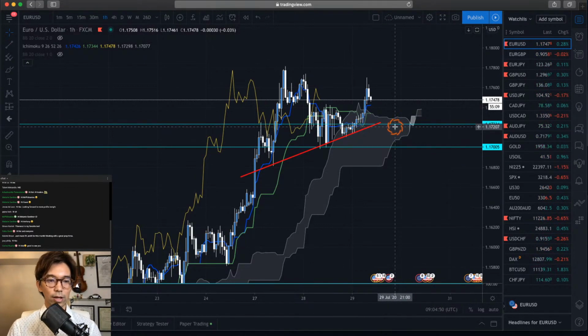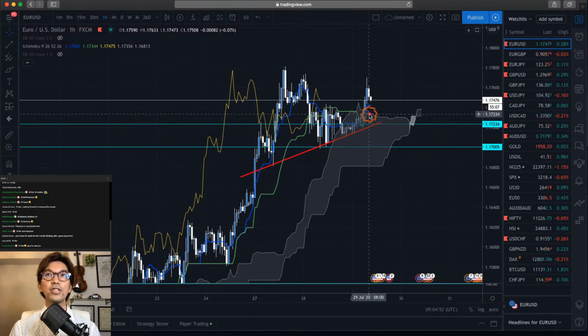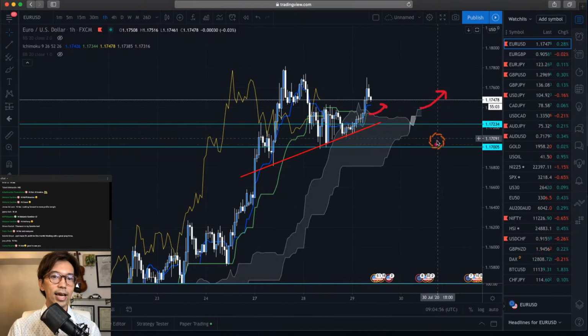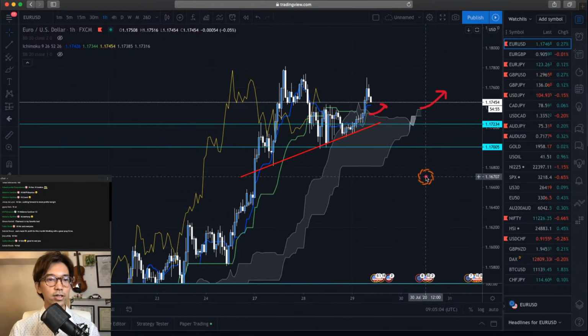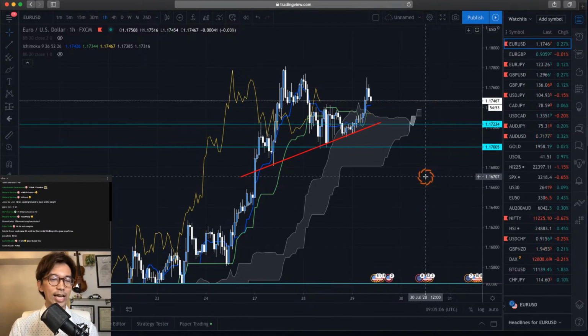And once you see, for example, Kijun-sen move up and also Senkou Span A move up, then we can go down to 15 or 5 to capture the buying chance. Right now, these are flat, so we better not look at the lower time frames to capture the trading edges.